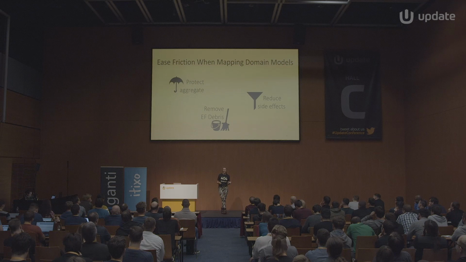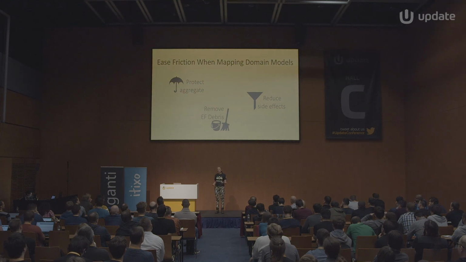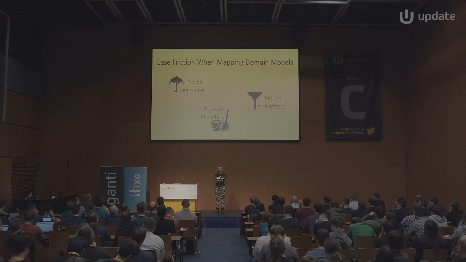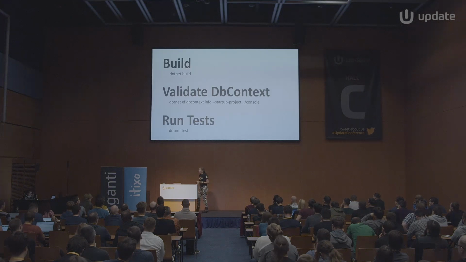Another is where I'm pointing out mappings that help us so we don't have to put Entity Framework logic that makes Entity Framework happy into our classes. That's the Entity Framework debris and cleaning it up. And another is patterns you can use when designing to reduce potential side effects of the code. Again, that gives us a true path and follows my ADDDD also, so we don't have side effects.